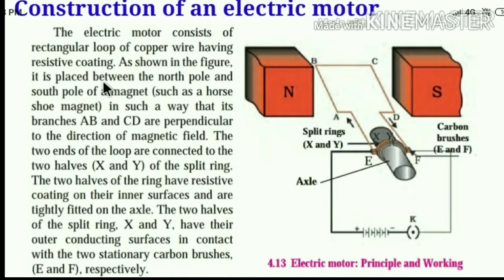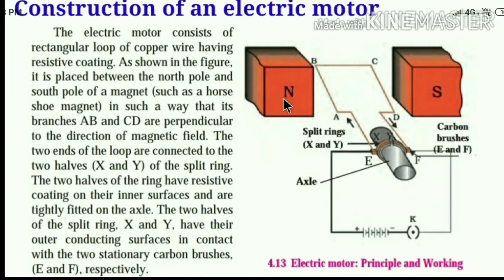It is placed between the north pole and south pole of a magnet. So this is the north pole and this is the south pole. This is a horseshoe shaped magnet. We see only the two ends of this magnet.